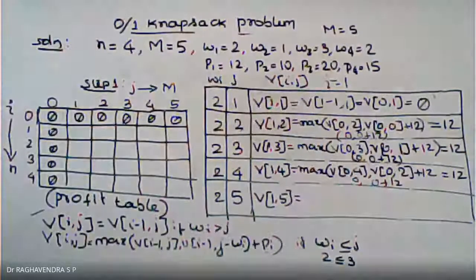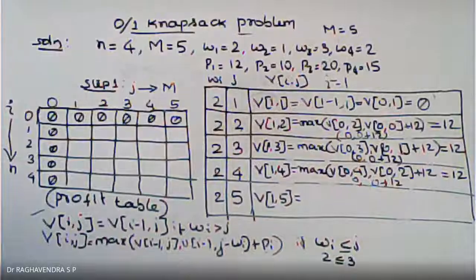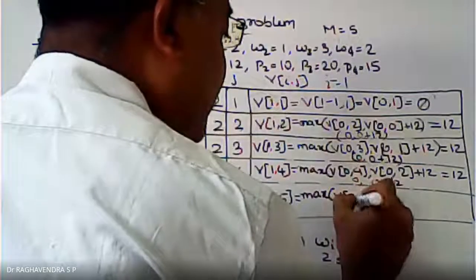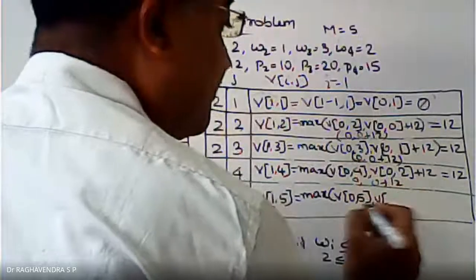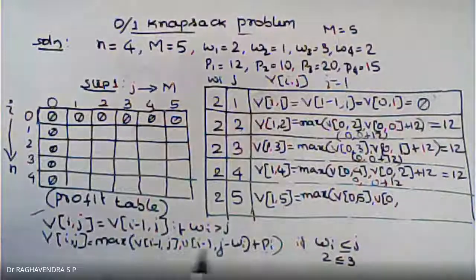Okay. Next we have 1, 5. Which category does 1, 5 fit? Once again case 3. So max of V of 0, 5, and V of 0, J minus Wi.